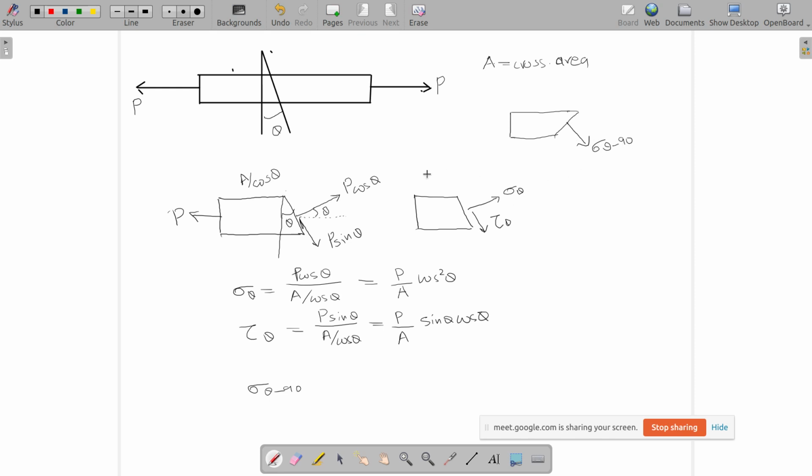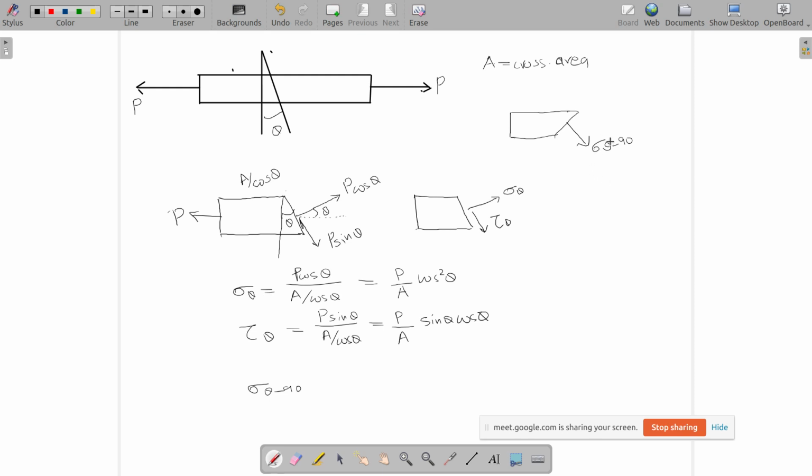So it's like sigma x and sigma y. This is the plane, and on that plane you have sigma theta, and this is a plane perpendicular to the first plane, hence sigma theta minus 90.